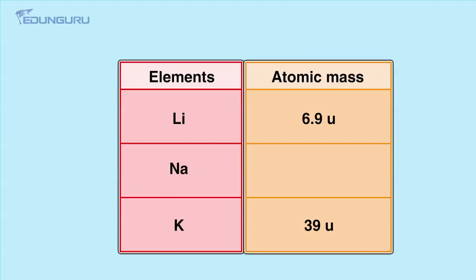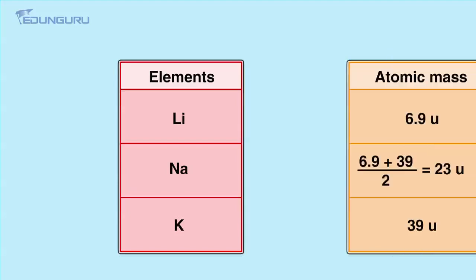So, if we take out the average, then it would be (6.9 + 39) divided by 2, which is equal to 22.95, and the atomic mass of sodium is 23. So, this is true for this particular triad of lithium, sodium and potassium.